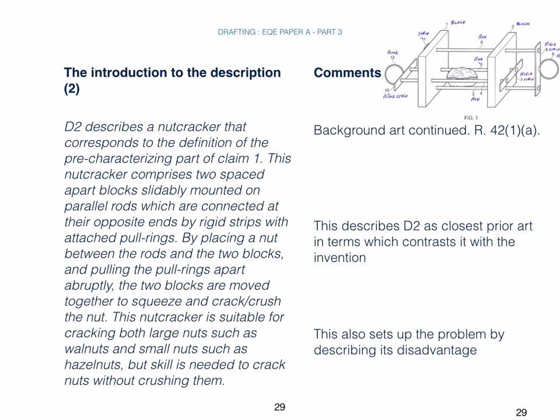We're continuing. First, we state that D2 describes a nutcracker that corresponds to the pre-characterizing part of Claim 1. Let's put this to the test by going through the pre-characterizing part of Claim 1 and by comparing it with D2 that we have there. A nutcracker comprising two support members.